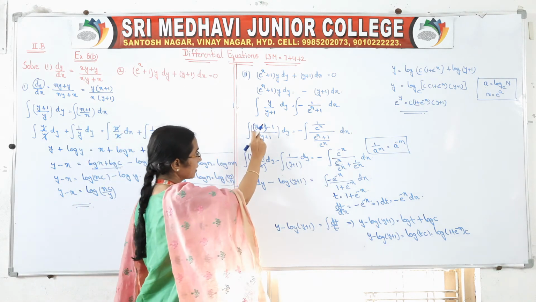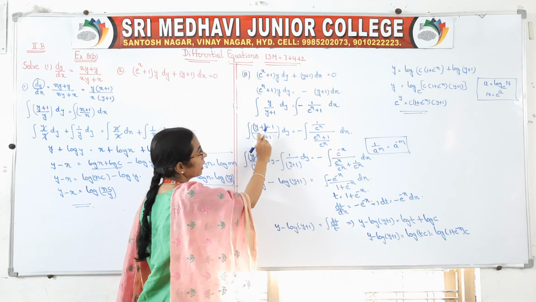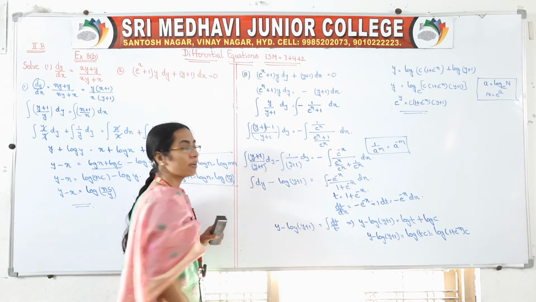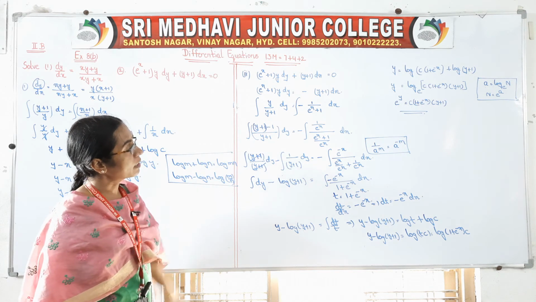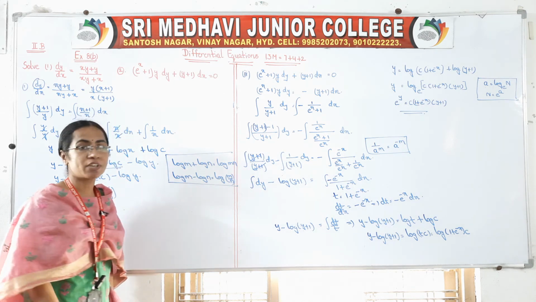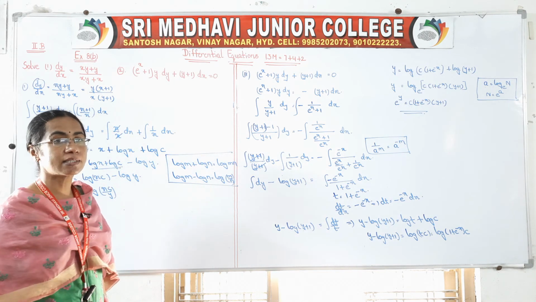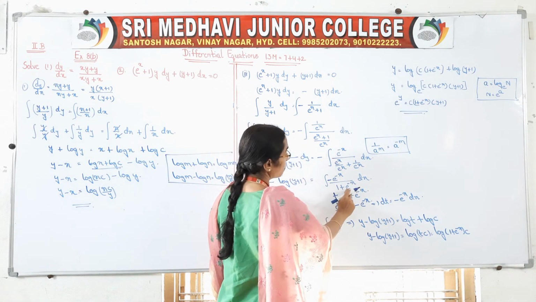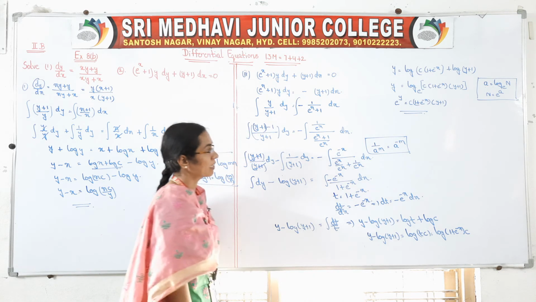After this, we consider this as two terms, right? So y plus 1 by y plus 1 minus 1 by y plus 1, and there we can write 1 by e to the power of x as e to the power of minus x, right? And write separately, then you will get 1 plus e to the power of minus x.